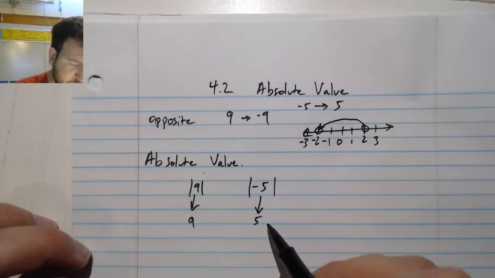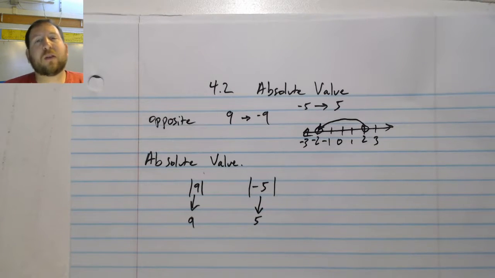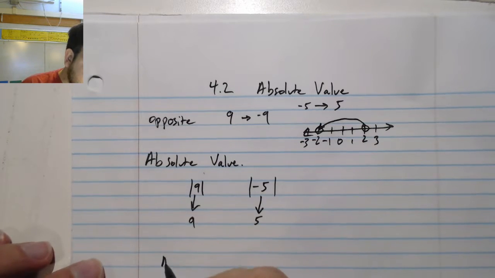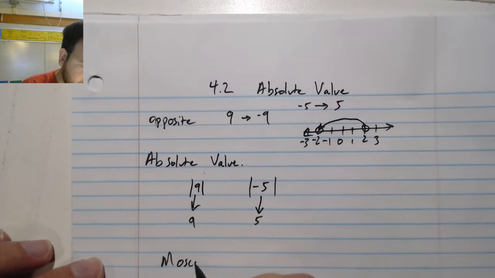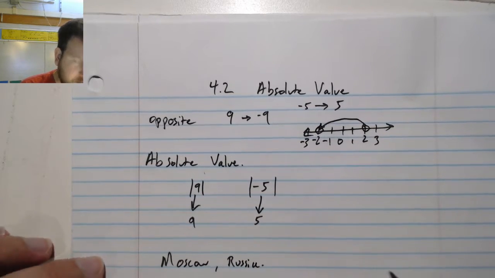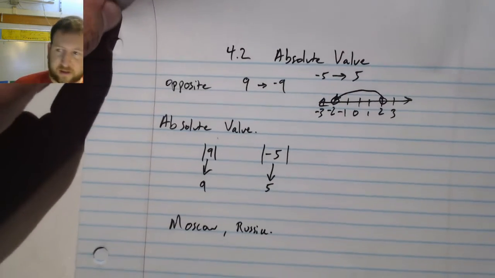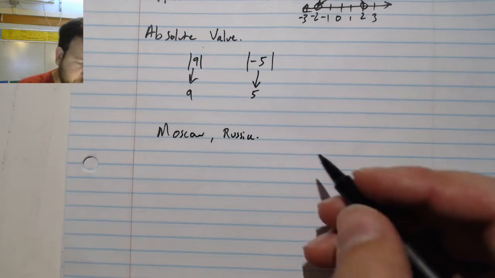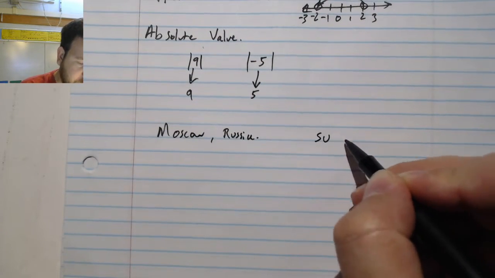we make it positive. And the reason we use this is when we are comparing distances or temperatures or things like that. For example, say we're going to look at Moscow, Russia. Now, some quick facts about Moscow, Russia are that a typical summer temperature is around 23 degrees.